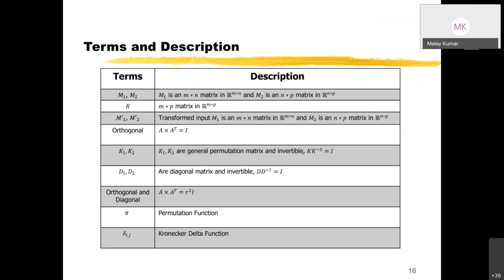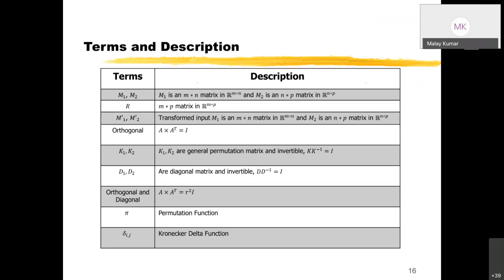These are the basic terms and descriptions whenever we are going to design an algorithm. Here m1 and m2 are matrices of m cross n and n cross p. They are rectangular matrices, and similarly a result will be produced in m cross p.